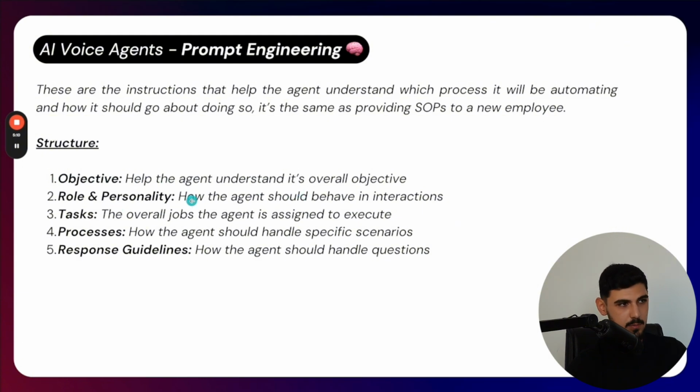Then we have role and personality, how the agent should behave in interactions, meaning its demeanor, right? Personality. Tasks, the overall jobs the agent is assigned to execute. Processes, how the agent should handle specific scenarios. And then we have response guidelines, how the agent should handle specific questions. And if you don't really understand that, don't worry. I'm going to dive into my OneInbox platform and I'm going to show you the specific prompt for my agent.